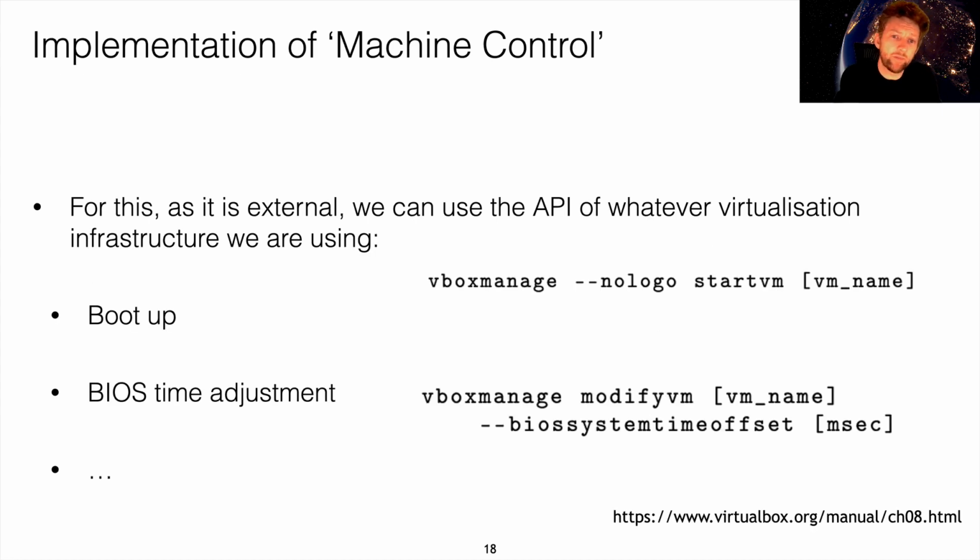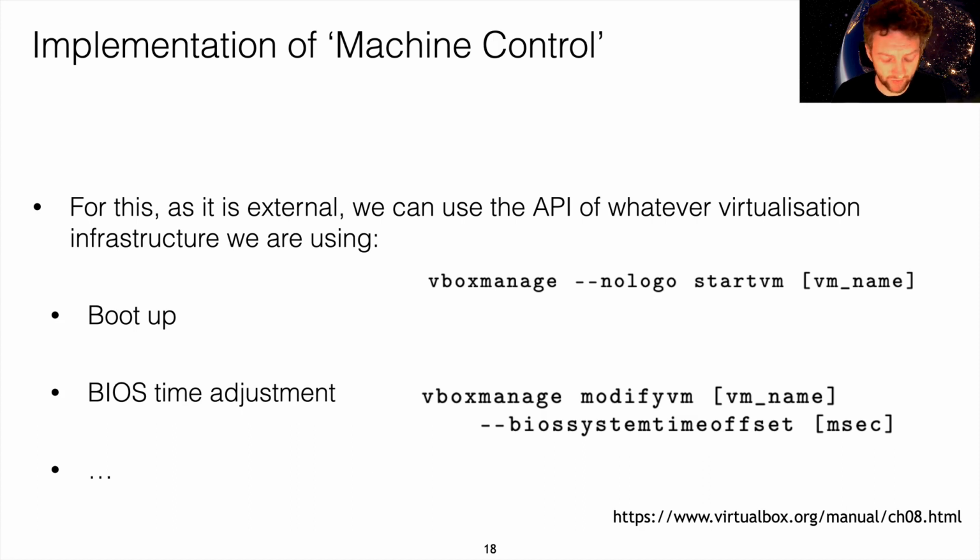So in terms of that implementation of machine control that I described, well, actually this is where you kind of pull in the API of whatever virtualization infrastructure you're using. So in our case, VirtualBox. This is well documented, and actually there's quite a lot you can do here. So that you can use vboxmanage essentially to tell a particular virtual machine to boot up.